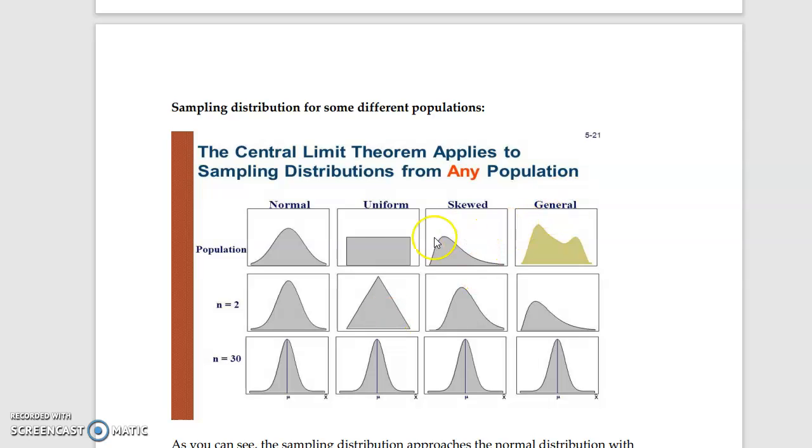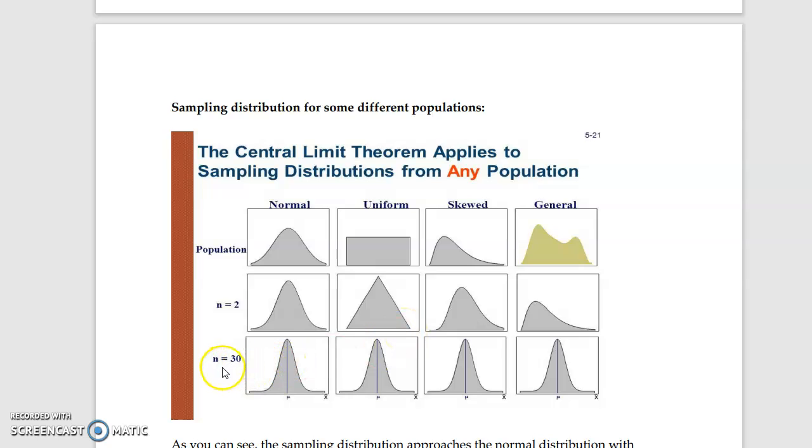Now we're going to look at two other distributions, if we have a population that doesn't have a normal distribution, such as this uniform distribution or this skewed distribution. Theoretically, here's what happens. With a small sample size of 2, the sampling distribution should not be bell-shaped, but sort of triangular.